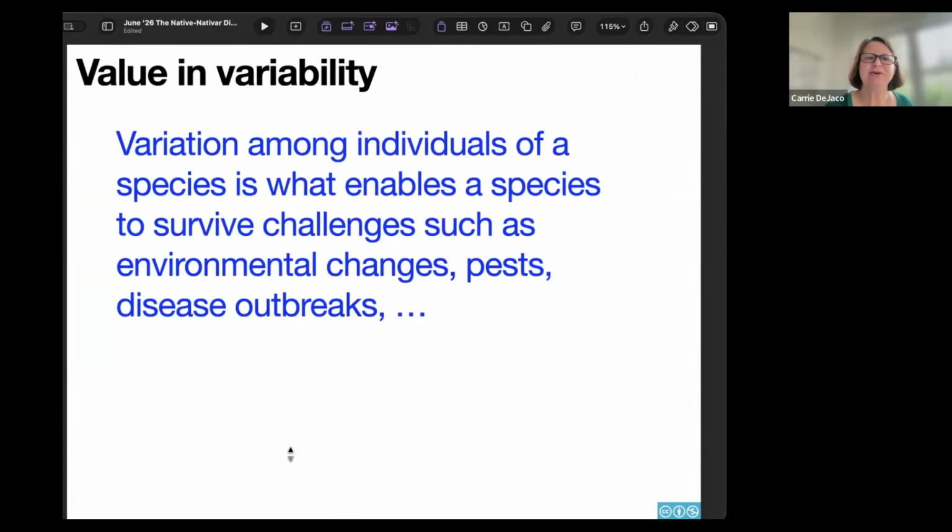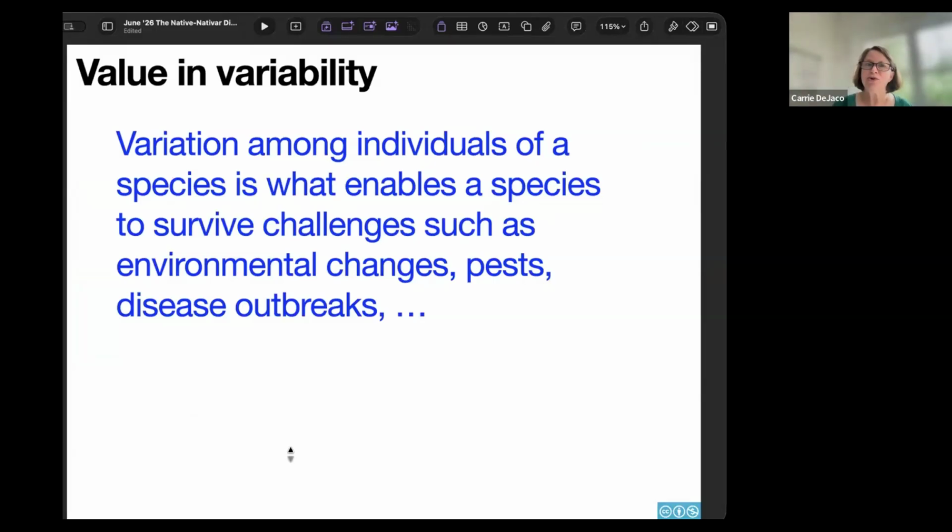So it's variation among individuals of a species that enables species to get through challenges, to be long-lived in the grand scale of things. For example, within all of the individuals of a species, let's say Monarda fistulosa, there's a lot of variability among individuals in that species.